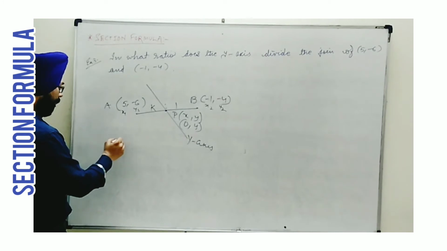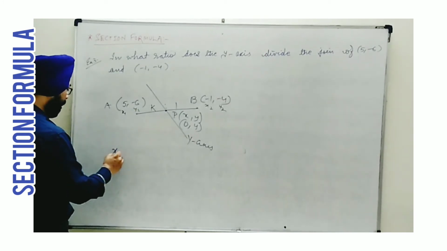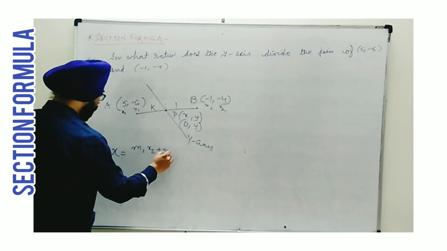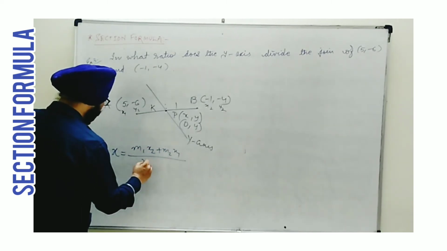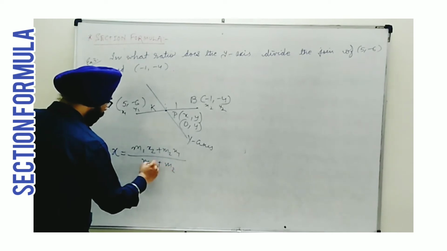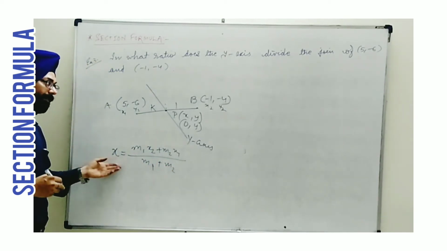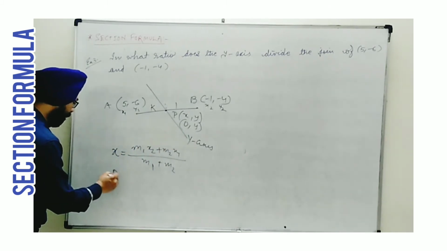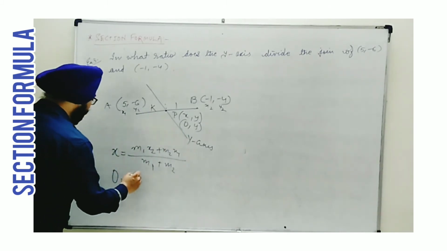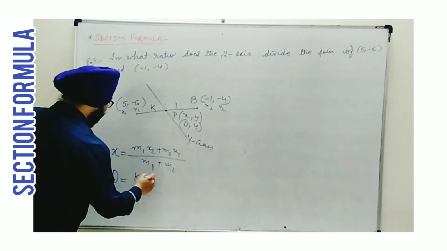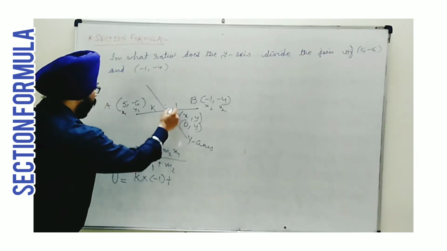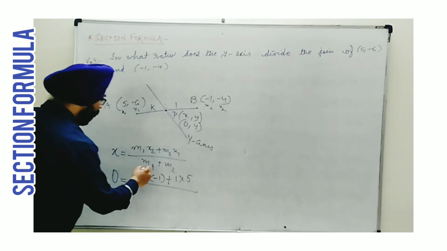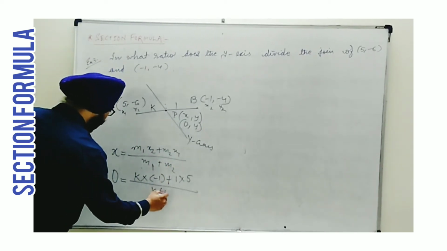So using the section formula, I write x equal to m1 x2 plus m2 x1 upon m1 plus m2. Why am I writing the formula for x? As I see that we are told the value of x only. So this x can be taken as 0. m1 will be k, x2 is minus 1, plus m2 is 1 and x1 is 5, upon m1 plus m2, so k plus 1.